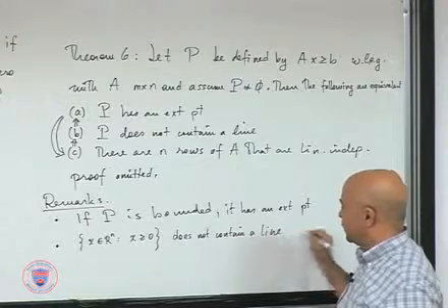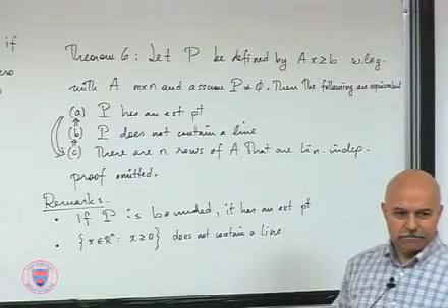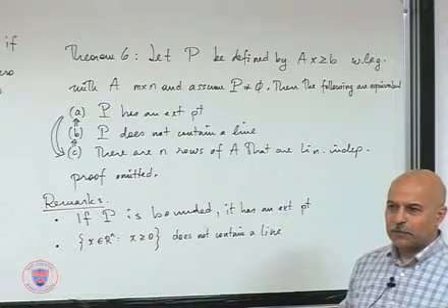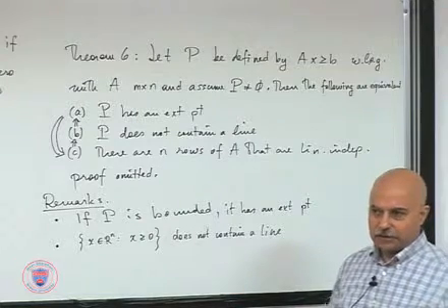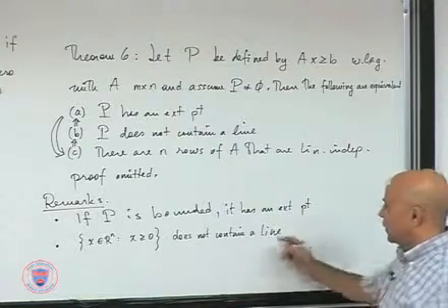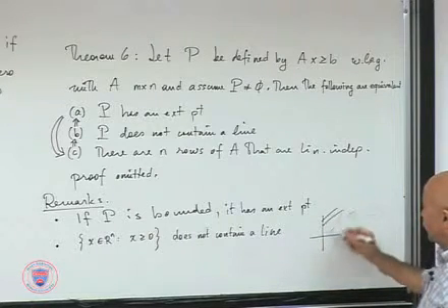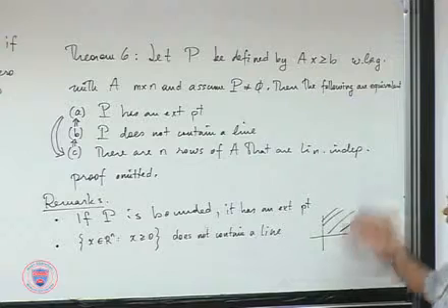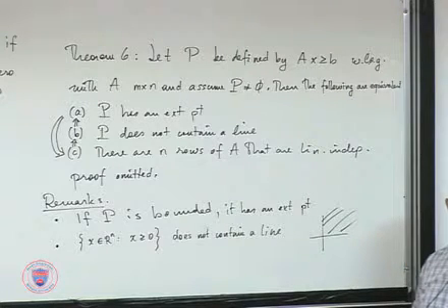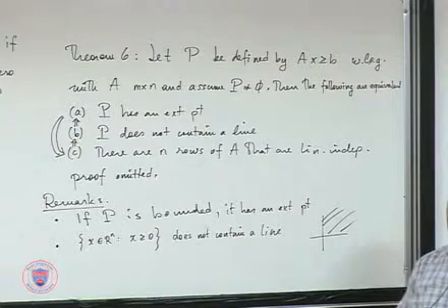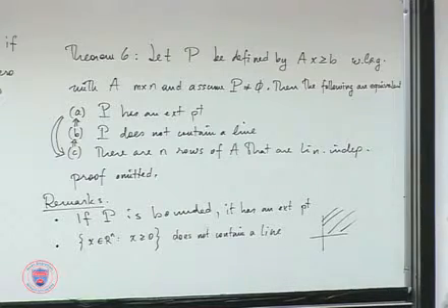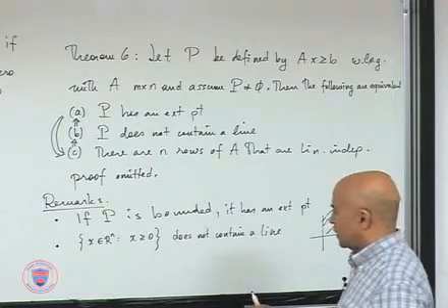So it must have extreme points. What is the extreme point we're talking about? The origin. Yes, the origin is the extreme point, because this does not contain a line. In 2 dimensions, of course, you can see that it cannot contain a line because you're in the non-negative orthant. The same, of course, is true for higher dimensional sets.